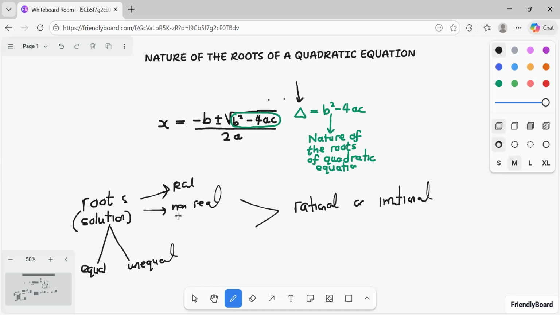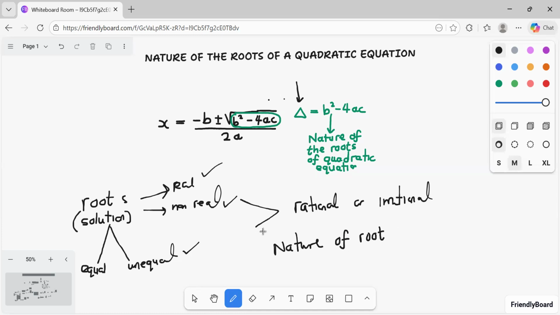So what I'm trying to say is that real or non-real, equal or unequal, rational or irrational, this is what we call the nature of roots. The nature of roots is what I mean.